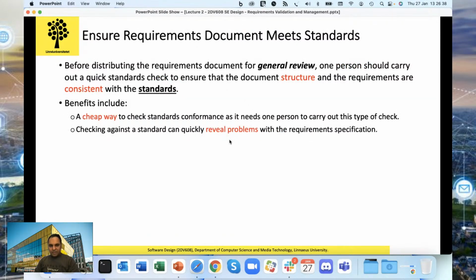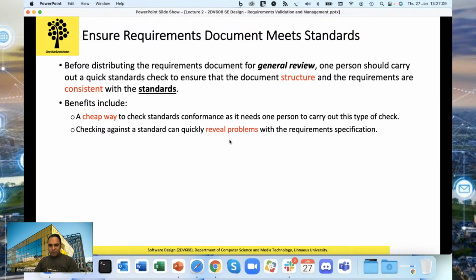And for this requirements validation, one key step, as I mentioned, is to make sure that your requirements document has followed a standard. And this standard, of course, can vary across organizations, but your requirements document should be not only well structured, but also the requirements themselves should be consistent with the standards.